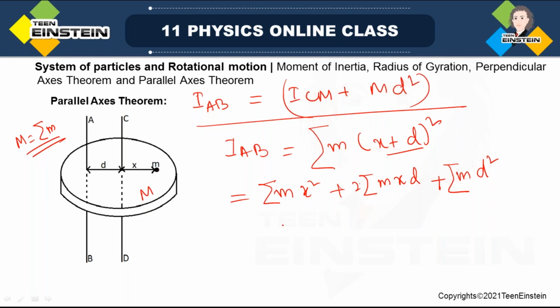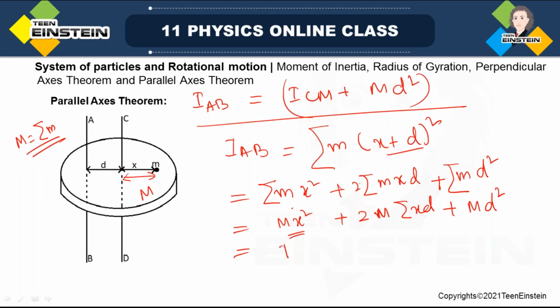Look here at what I'm saying. This is nothing but the moment of inertia about the center of mass, this much, m x square. And this will be total capital M into summation of x d, let us write this, and this will be M capital D square.